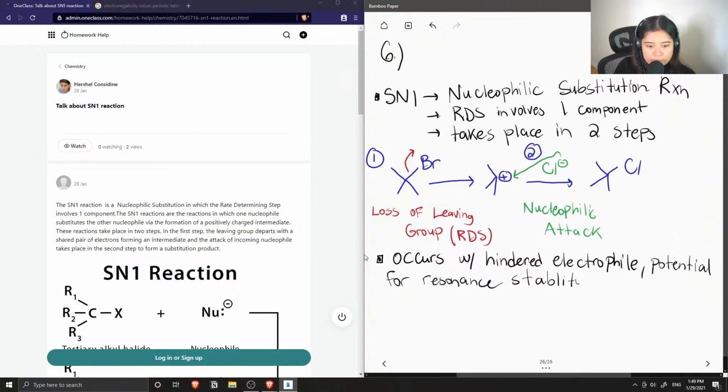In our case, we have a tertiary carbon, which is pretty good at stabilizing this positive charge for the carbocation intermediate. So I'll say for resonance stabilized carbocation. And typically, our nucleophile can be uncharged, and it might take place when we have a protic solvent.